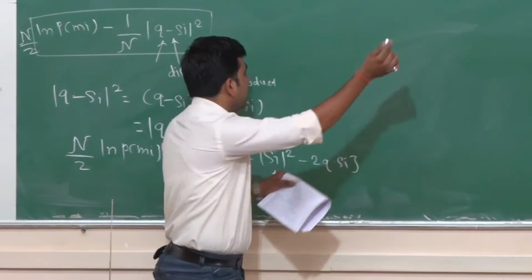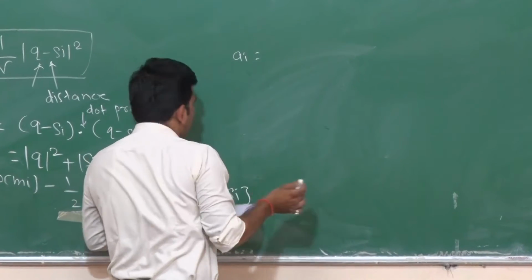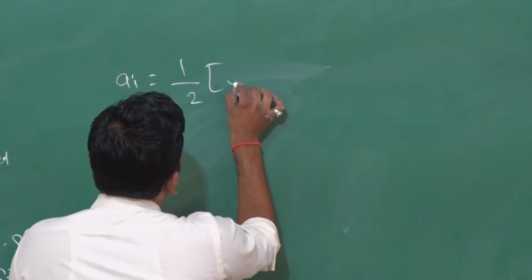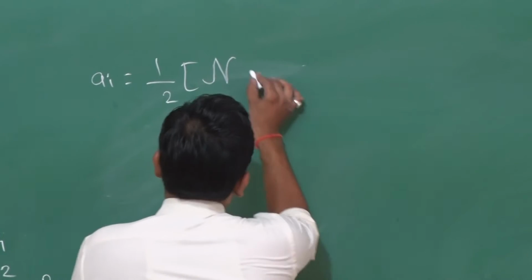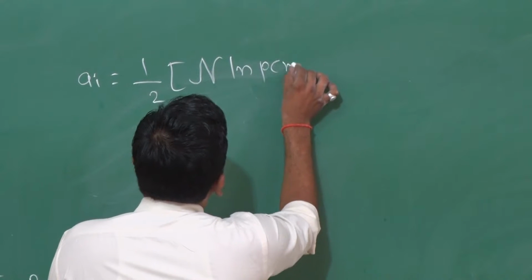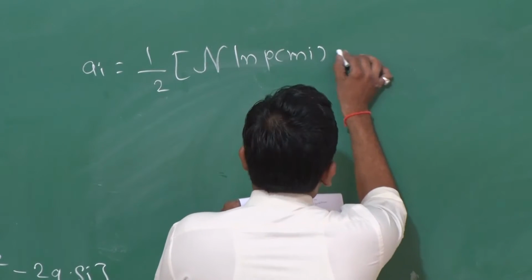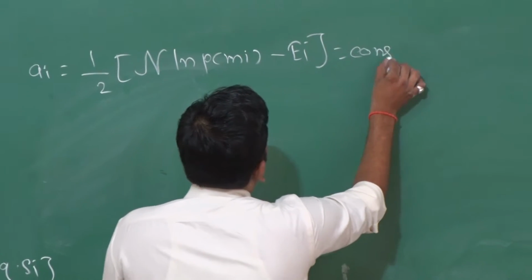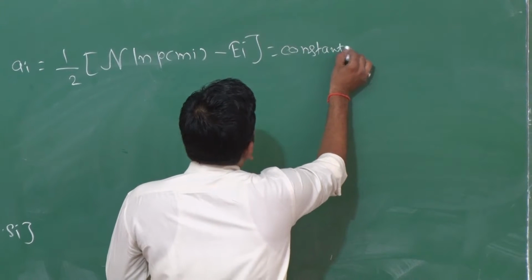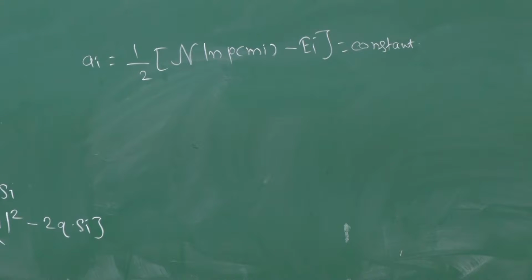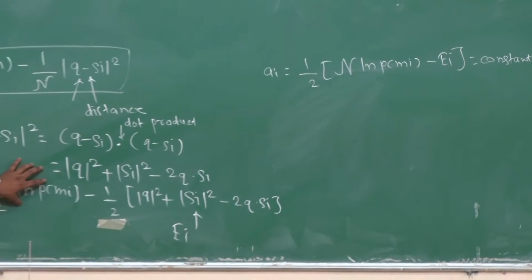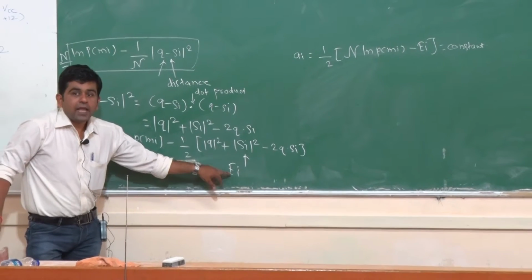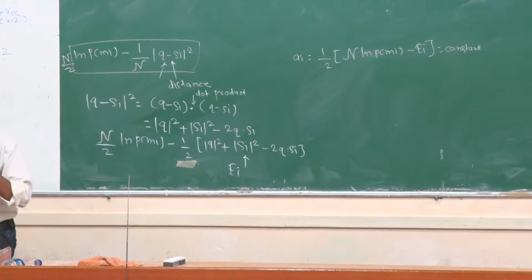So in this equation we have AI equal to 1 by 2, and this quantity is constant, minus 1 by 2 this EI, the energy associated with your input symbol.